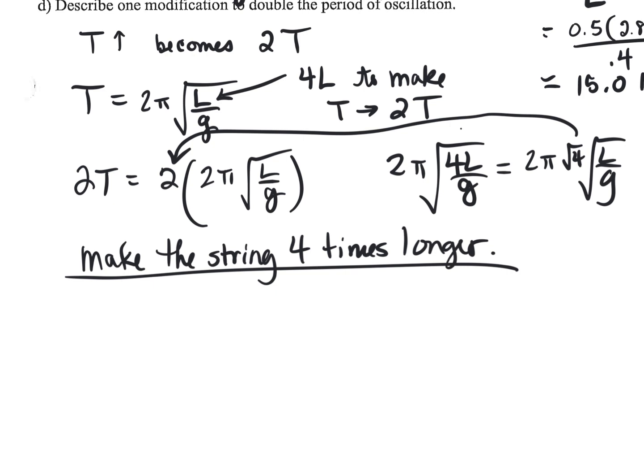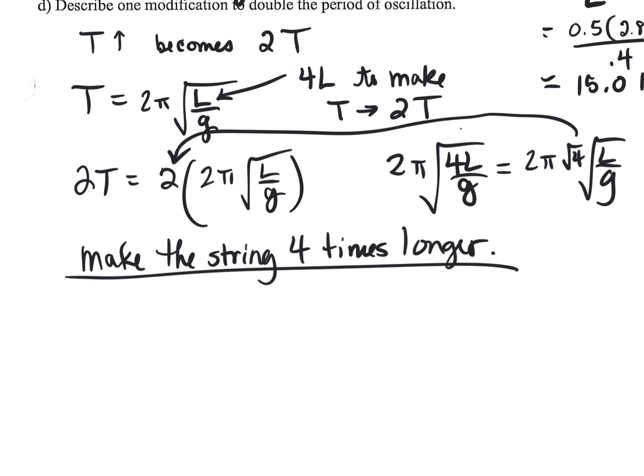I'd have to make it 1/4 the gravity, or 4 times the length of the string, right? So one of those two things, either the L in the top has to get bigger or the G in the bottom has to get the same amount smaller. Okay? So 4 times the length of the string or 1/4 the gravity.